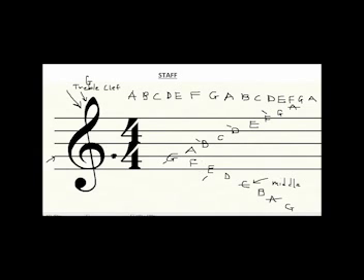And then for the spaces, we have F, A, C, and then E, and that will give us Face. So that is it for the treble clef or G clef.